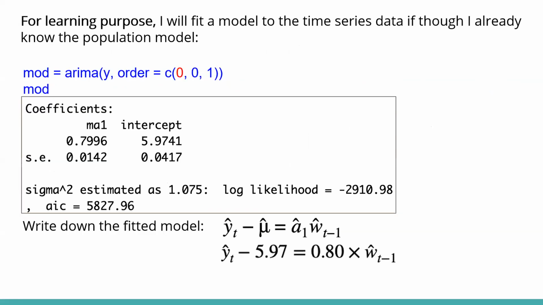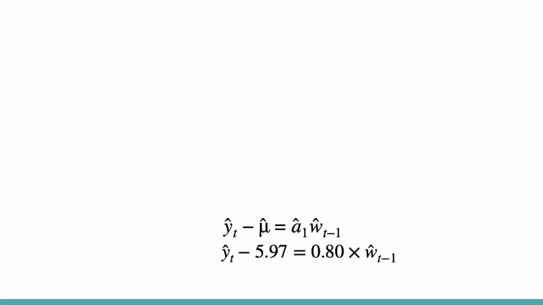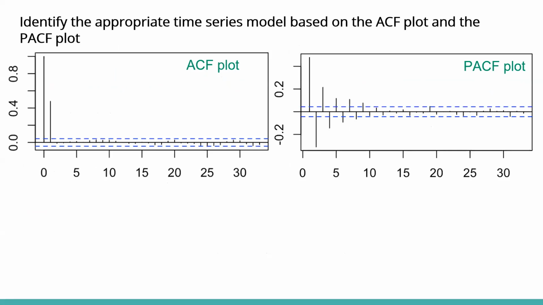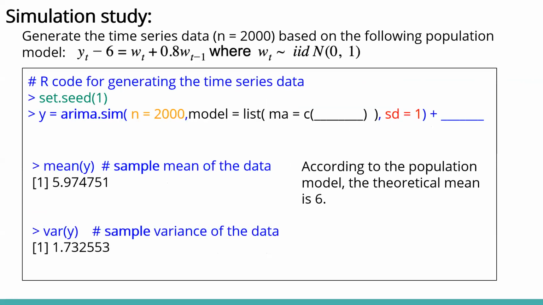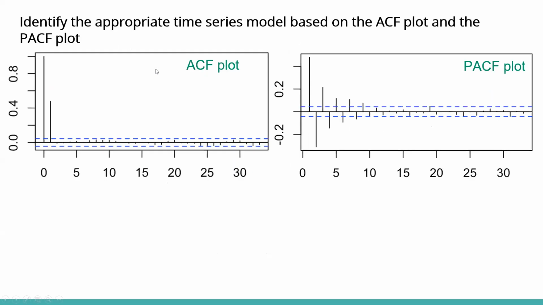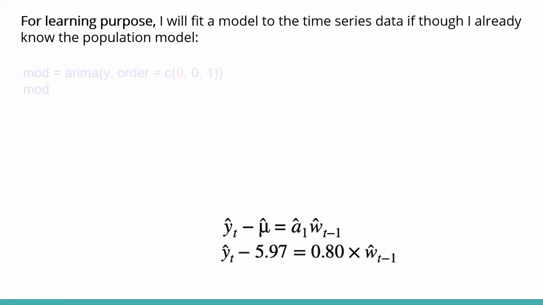When we were generating the model, I want to take you back: we generated the model based on a moving average of order one. Can you see that now? Based on the moving average of order one, we generated the model.